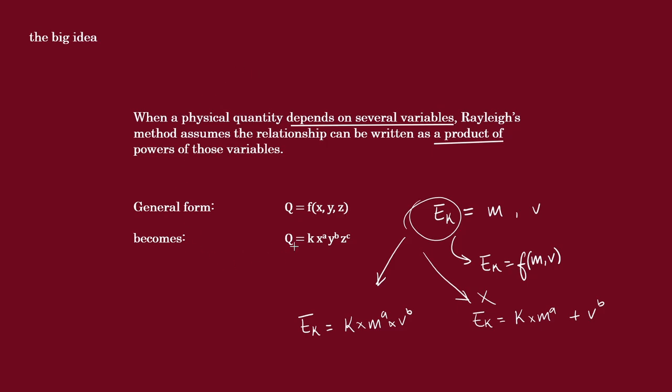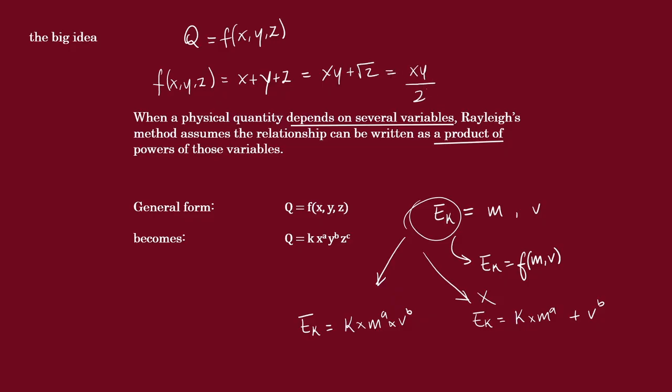So the general form of the formula could be Q as a function of x, y, z. This could be anything. A function of x, y, and z could come in many different forms. That same function could be x plus y plus z, or it could be xy plus root z, or xy over z squared or cubed.